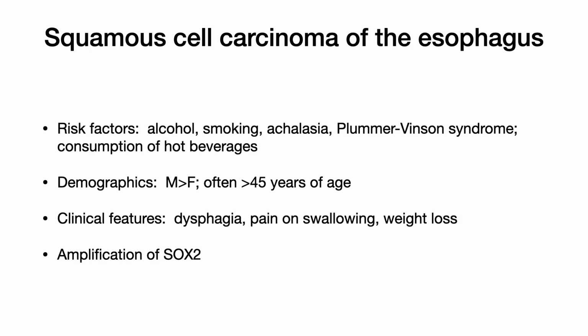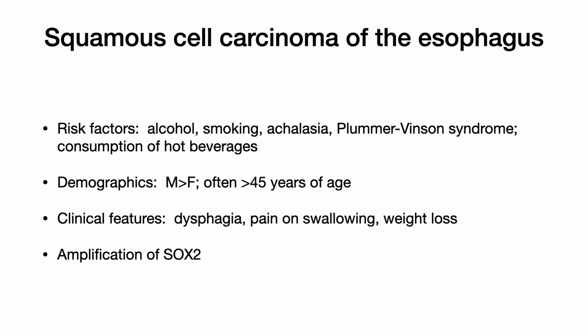And then squamous cell, this one's associated with alcohol, smoking again, achalasia, we'll talk about Plummer-Vinson syndrome, and consumption of hot beverages, which I just mentioned, which probably is more of a regional condition around different parts of the world. More commonly male rather than female. Usually it's a disease of older individuals, greater than 45.